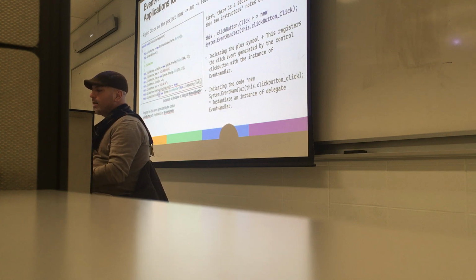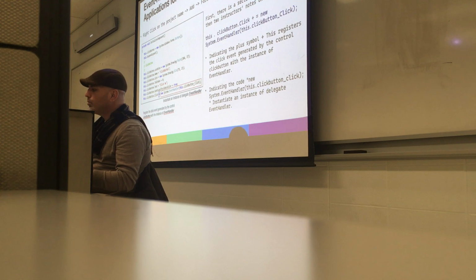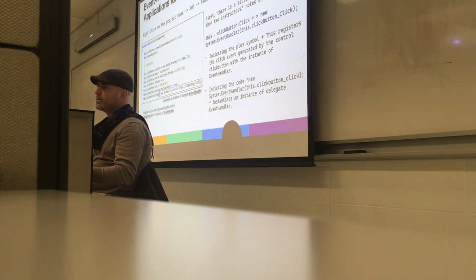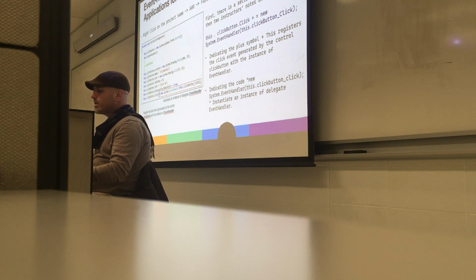Now here in the Forms application, by right-clicking on the project name, add Form, Windows Forms, to create a form class in order to add buttons or any objects, because each object has events. So now you see the code that I show for you.